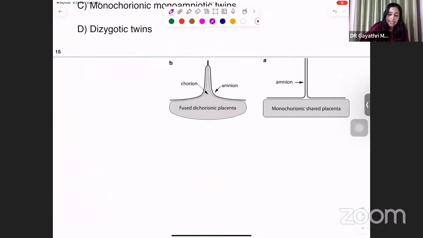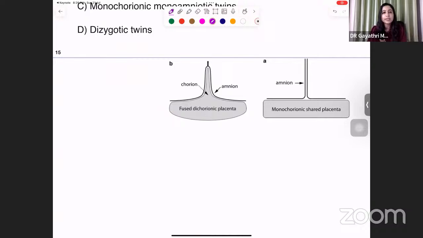So T sign and lambda sign are the two important signs that you get in twin pregnancy. This is your lambda sign. This is seen in case of DCDA twins, dichorionic diamniotic twins.